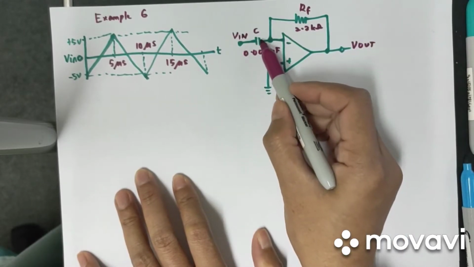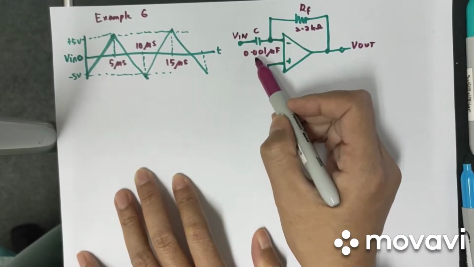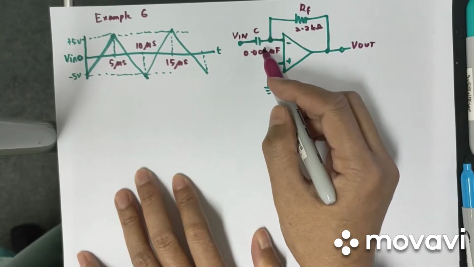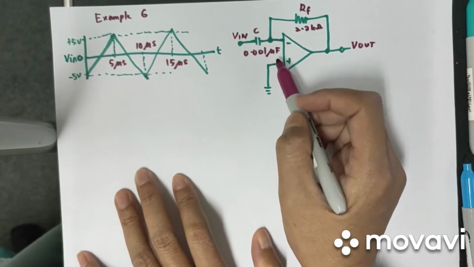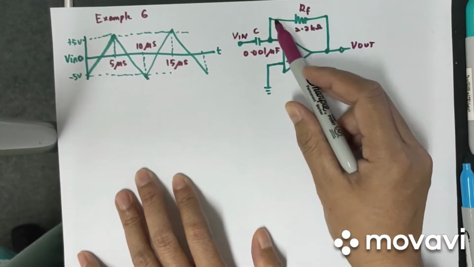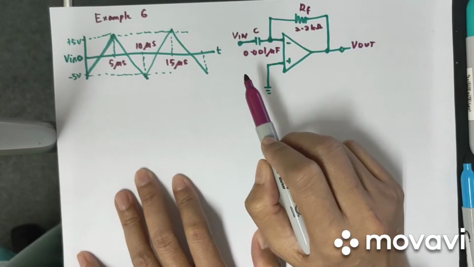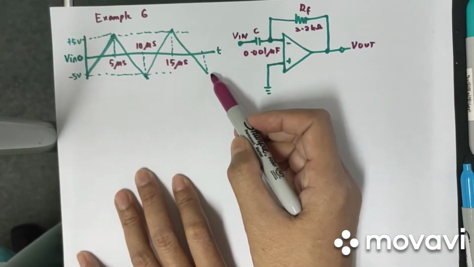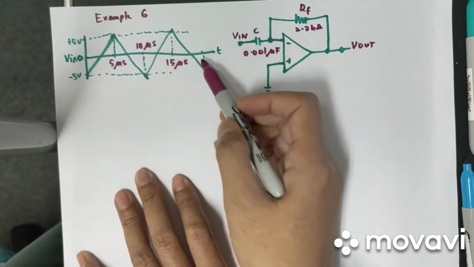We have capacitor pada input. Ini dipanggil sebagai an ideal op-amp differentiator. Okay, dan this is the feedback from the output. Okay, this is the input waveform which is in triangular form.